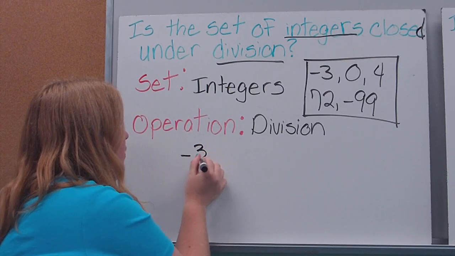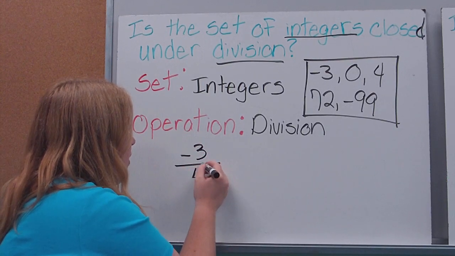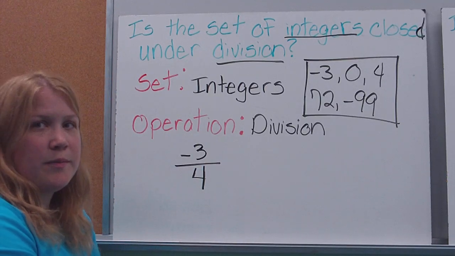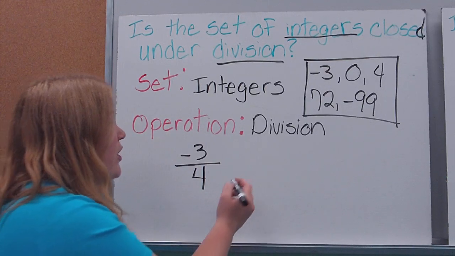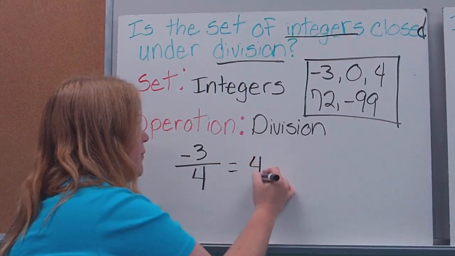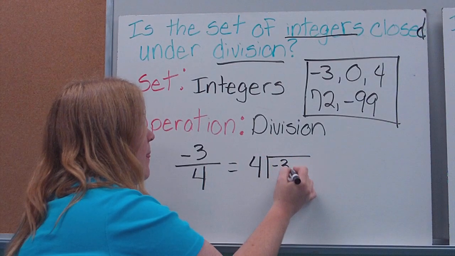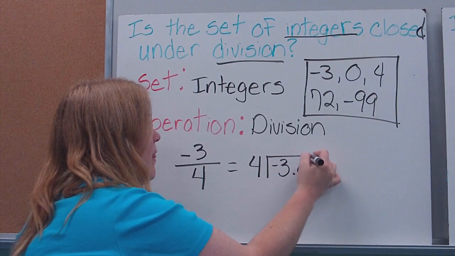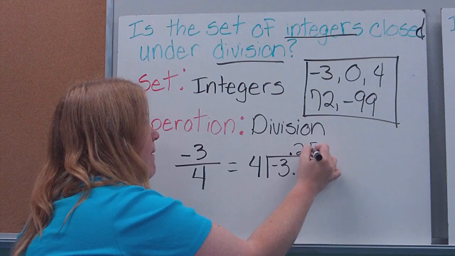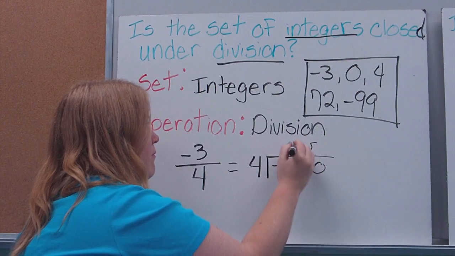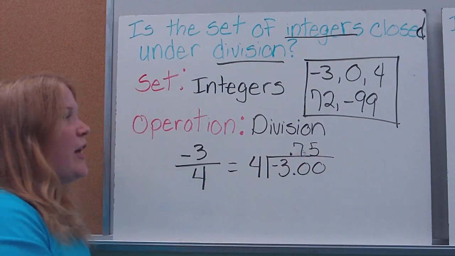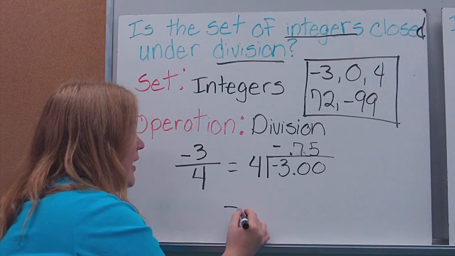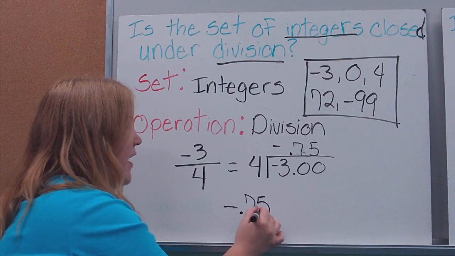What if I take -3 and I divide it by a number bigger than itself? 4. Well, if I do this division, I'm going to wind up with a decimal. And actually what you'll wind up with is -0.75.